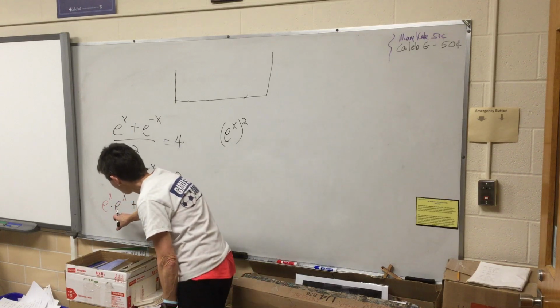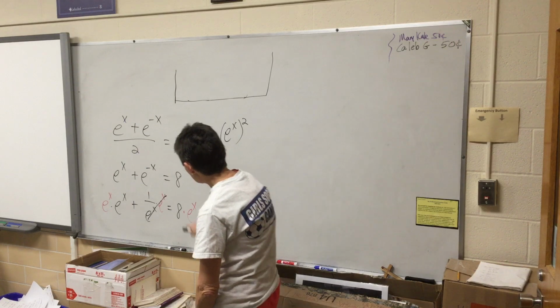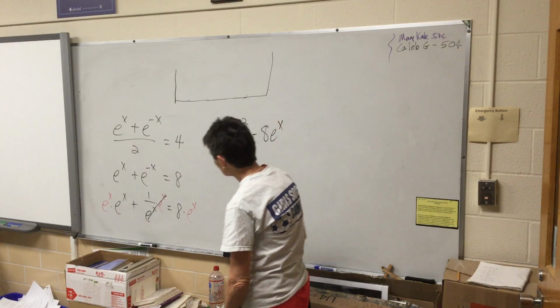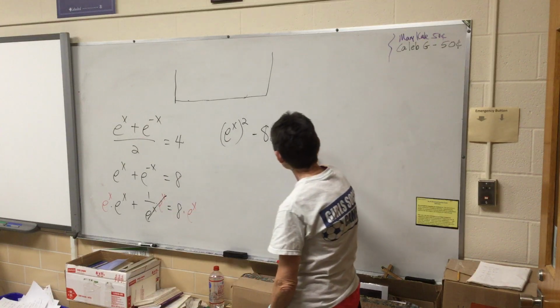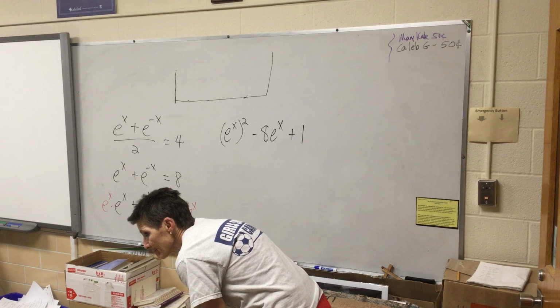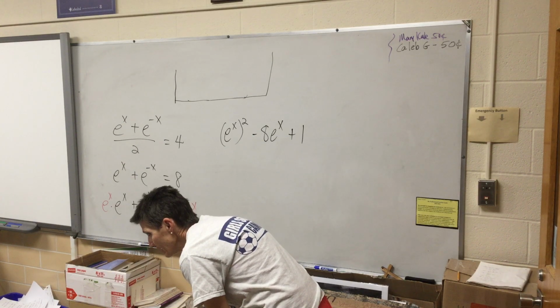This is e to the x times itself, so it's e to the x squared. Minus 8e to the x plus 1. Everybody with me?